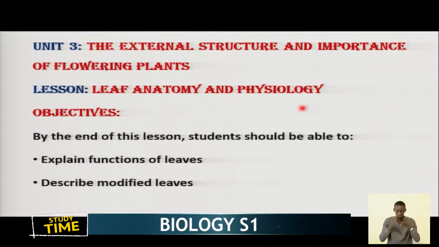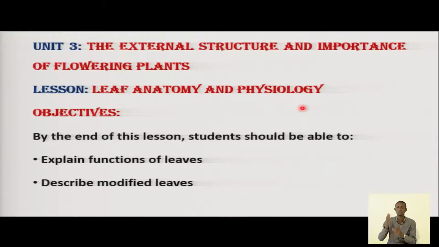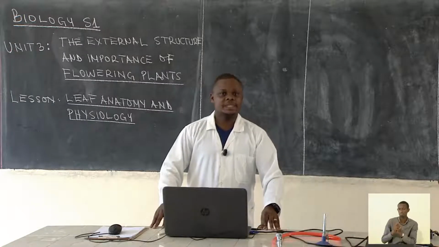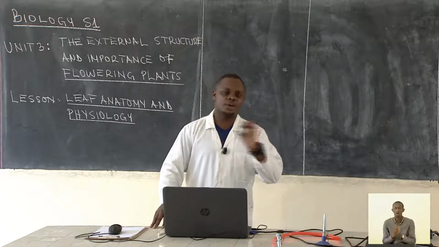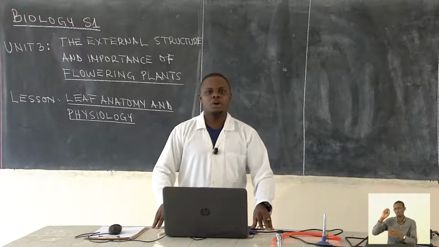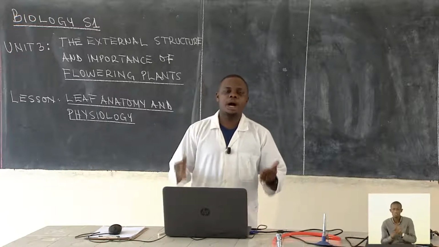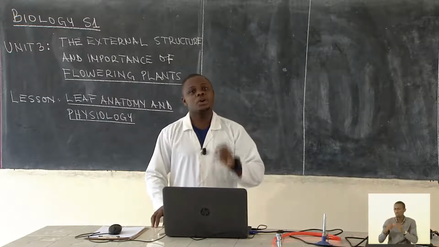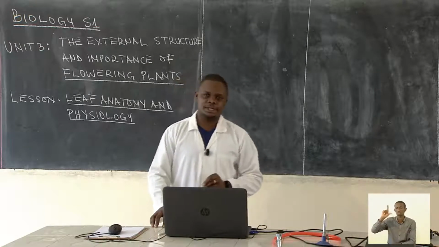Dear students, when we talk about anatomy, do you understand what it means? Anatomy is the study of structures of an organism. Here we are going to see different parts of the leaf. And when we talk about physiology, that is the study of functions of different structures of an organism.